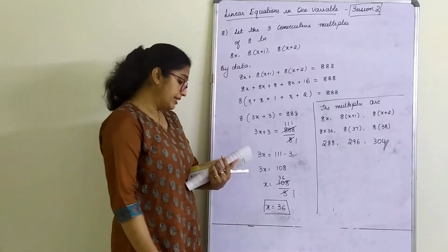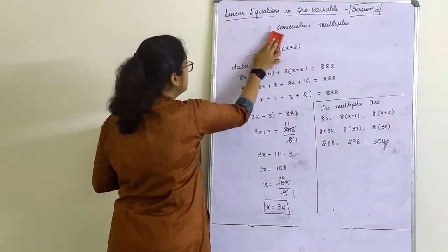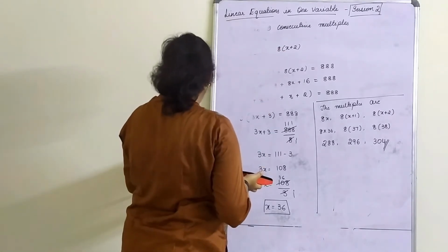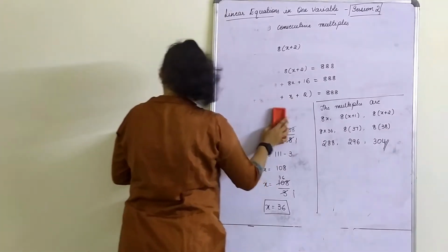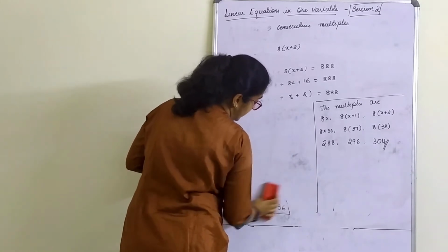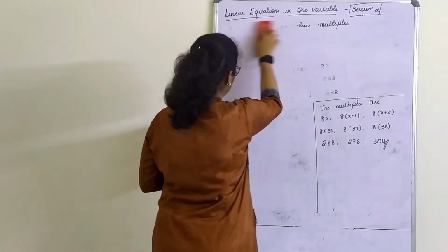3 consecutive integers are such that when we take them in the increasing order and we multiply them by 2, 3 and 4, they add up to a number that is 74. So we need to find again on consecutive numbers. There are few questions here.